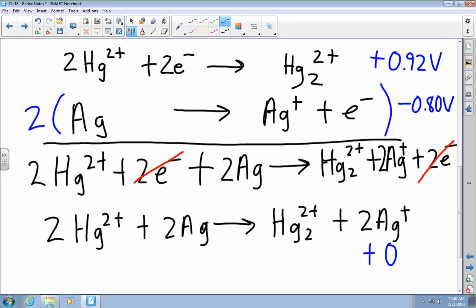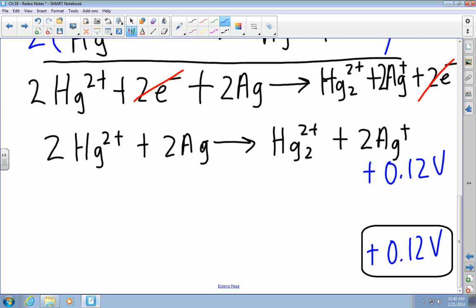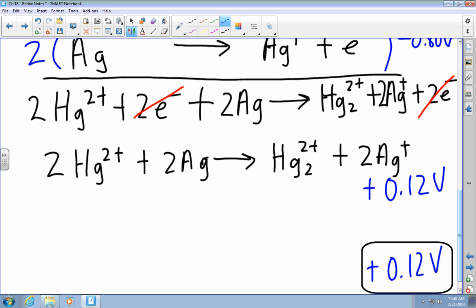Plus 0.12 volts, which is the answer, which we've got down at the bottom of the page, just to check the answer. So would this reaction be spontaneous? Yes, it would. But it's not a very big voltage, so it's not a huge driving force in this reaction. So it would go, but it's not a reaction that goes very strongly.